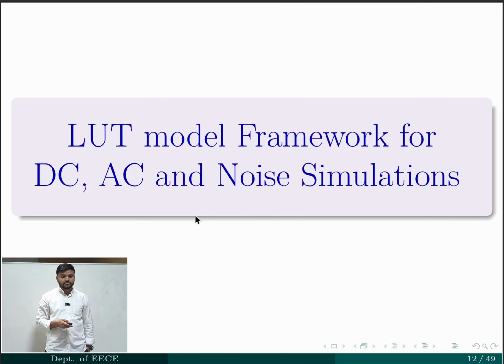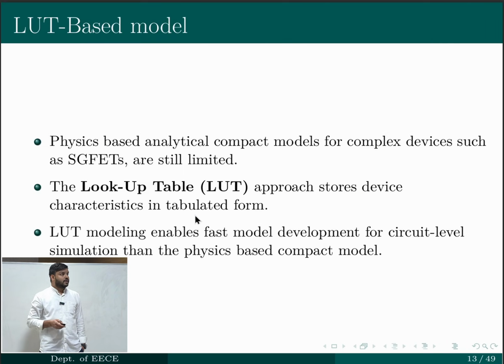Now, I am going to give the LUT model framework for the DC, AC and noise simulation. The general case for the LUT based model is that for complex devices it is faster. The LUT based approach stores the device characteristics in tabulated form, and it also enables fast model development for circuit level simulation.